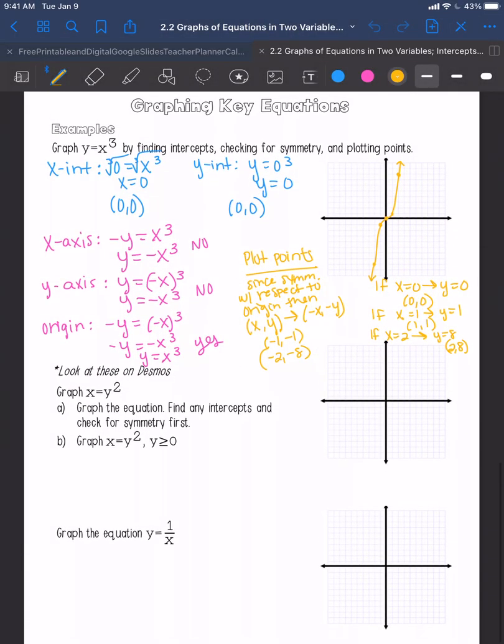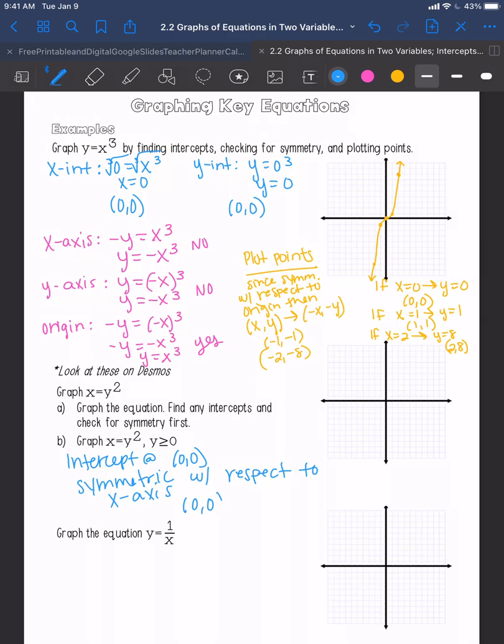Let's just write some things down quick. Intercept at 0, 0. Symmetric with respect to x-axis. And some of those points when y is greater than or equal to 0 would be 0, 0, 1, 1, 4, 2, and so on.